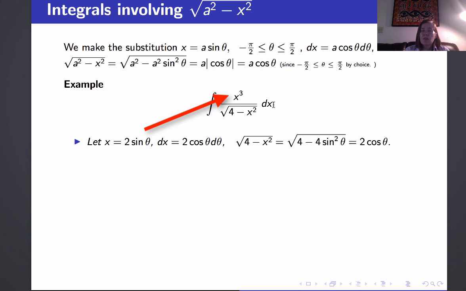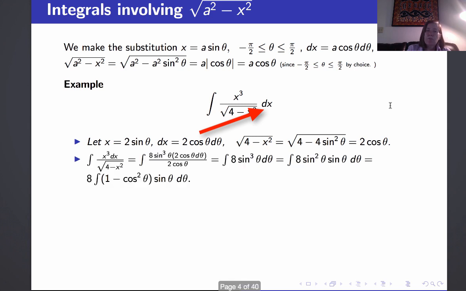Now the dx changes. The dx becomes more complicated here. Because x equals a times sine theta, dx d theta is a times cosine theta. So we must replace the dx by 2 times cosine theta d theta.